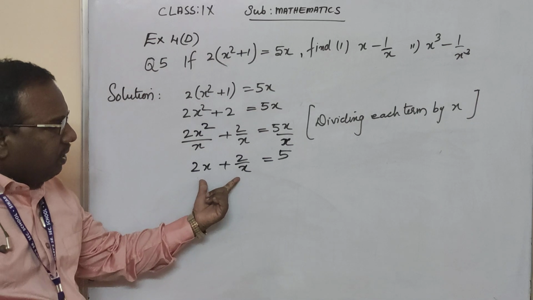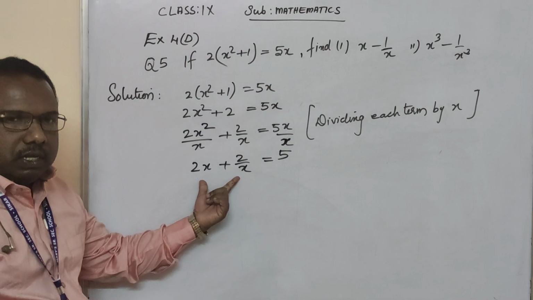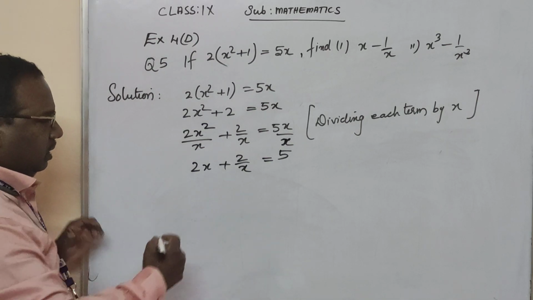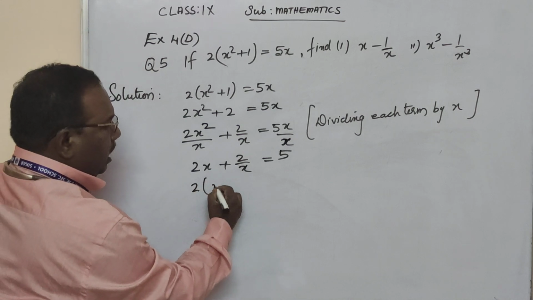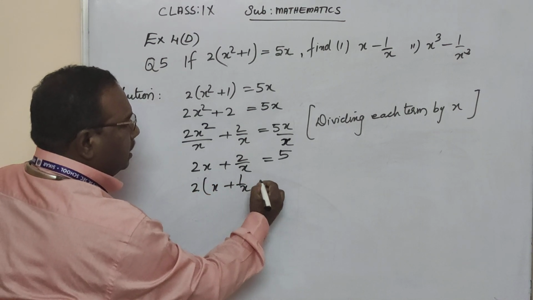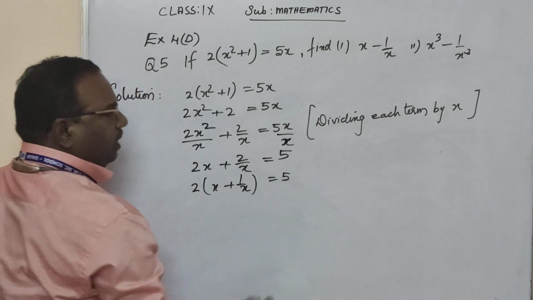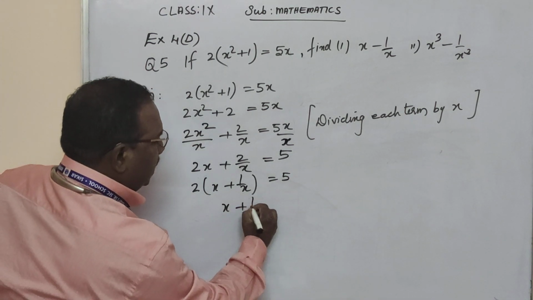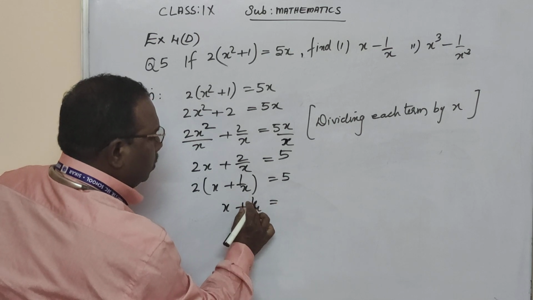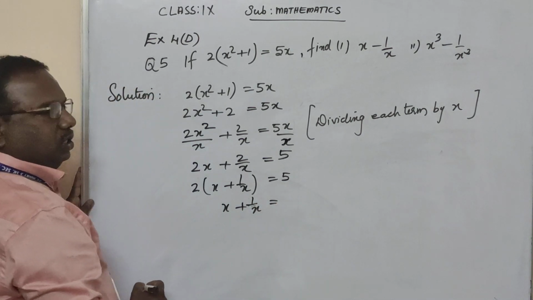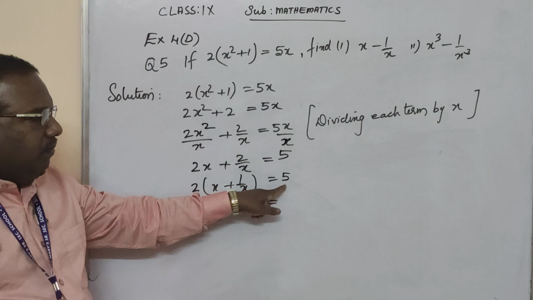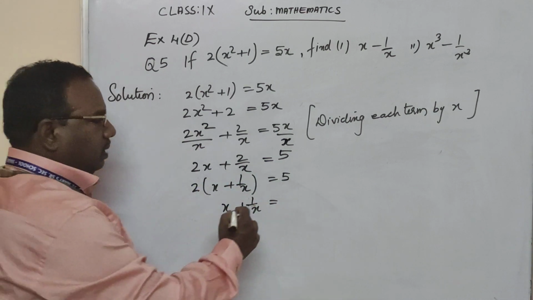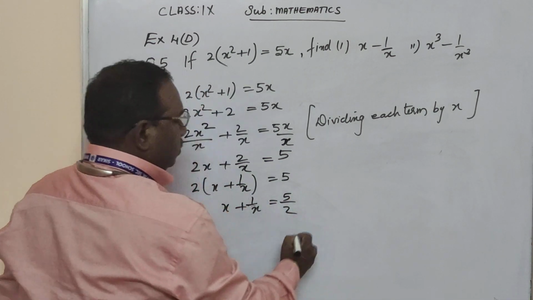So let's take 2 as the common factor. 2 into x plus 1 by x is equal to 5. Now x plus 1 by x is equal to 5 divided by 2.